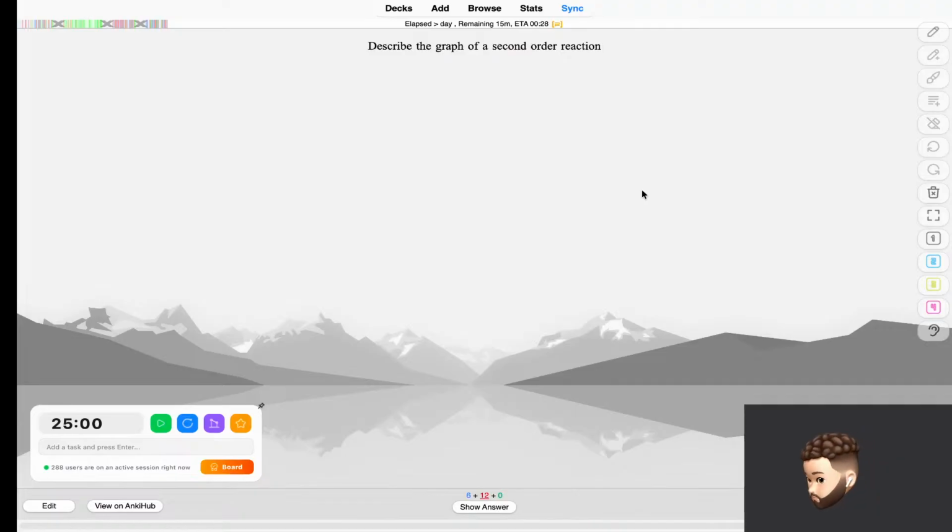The graph is going to be the same as the first order, but it's going to drop faster. It's a lot faster of a reaction. It's going to drop faster and flatten sooner too.